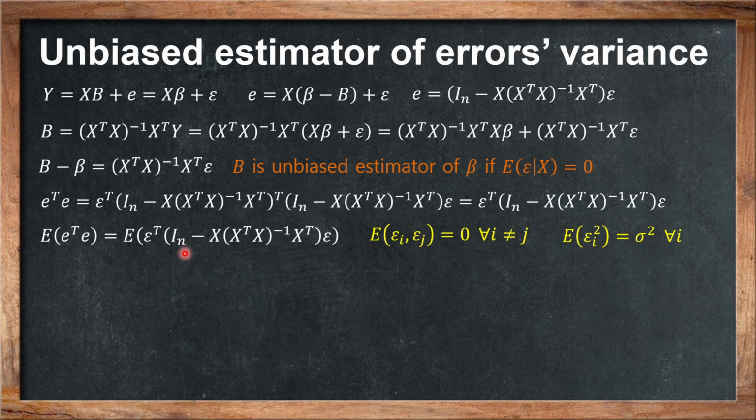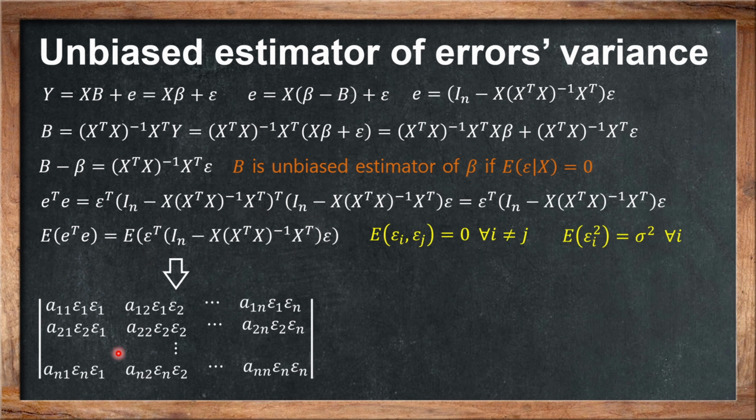If we take a look at this matrix, and we denote for the sake of simplicity this matrix as capital A, then the result of this matrix product would be just the sum of these elements, where A sub ij will be the corresponding element from the matrix A. And if we take the expected value of the sum of these elements, it would be the equivalent of taking the sum of expected values for each of the entries of the matrix.